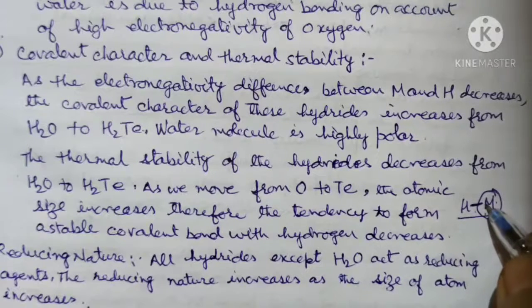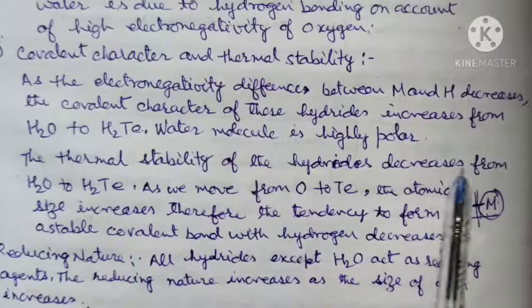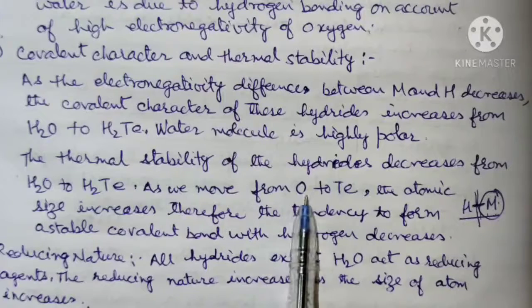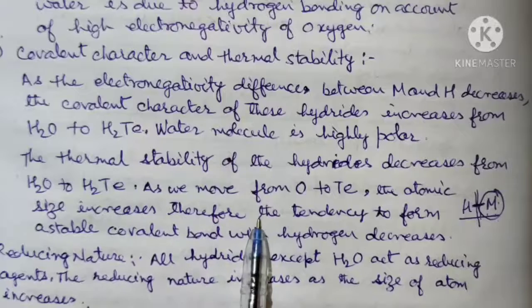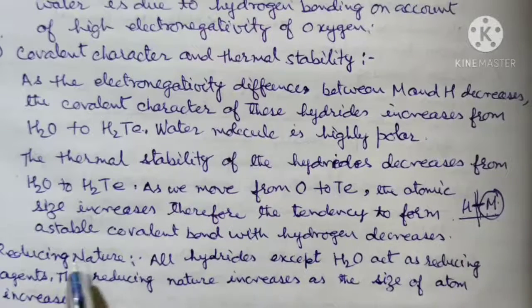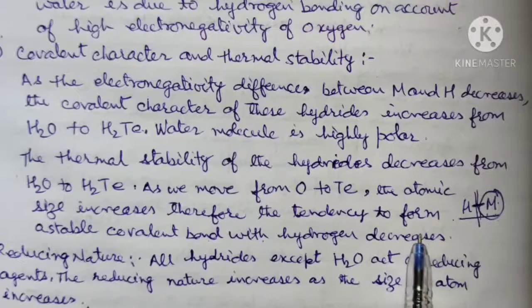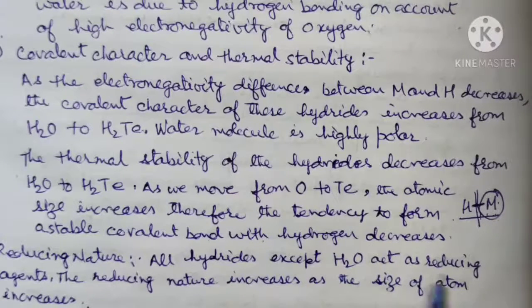Thermal stability means that when we heat the compound, there will be breaking of this bond. As we move from oxygen to tellurium, the atomic size increases. Therefore, the tendency to form a stable covalent bond with hydrogen decreases. That's why there is a decrease in the bond dissociation energy, and that's why there is a decrease in thermal stability.